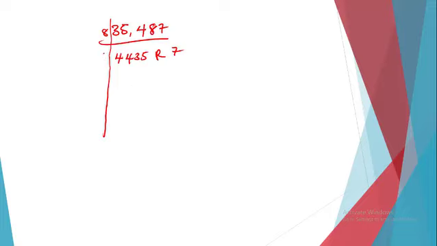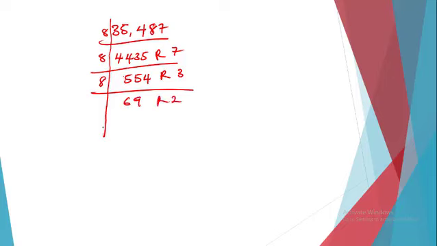Okay, and then 4,435 divided by 8 will give us 554, remainder 3. And 554 divided by 8 will give us 69, remainder 2.